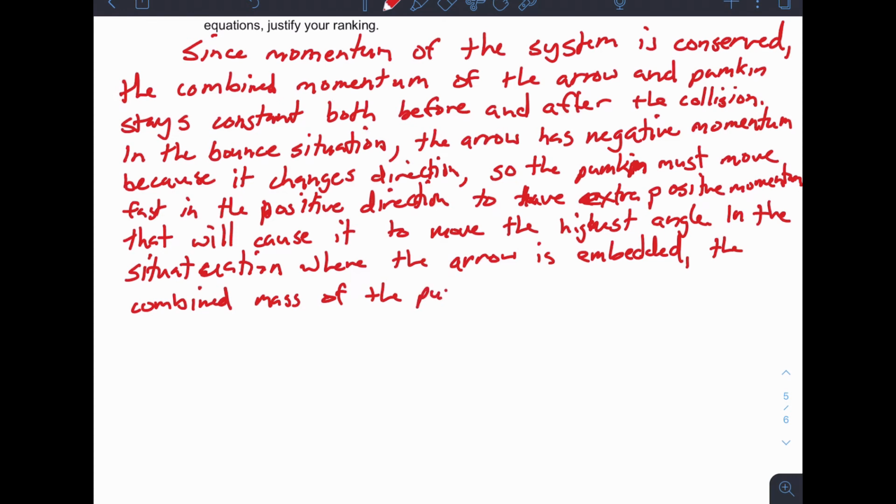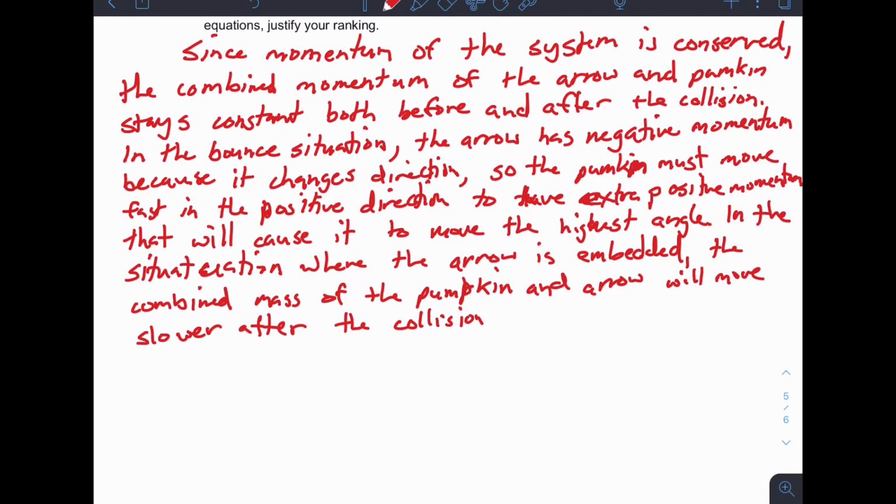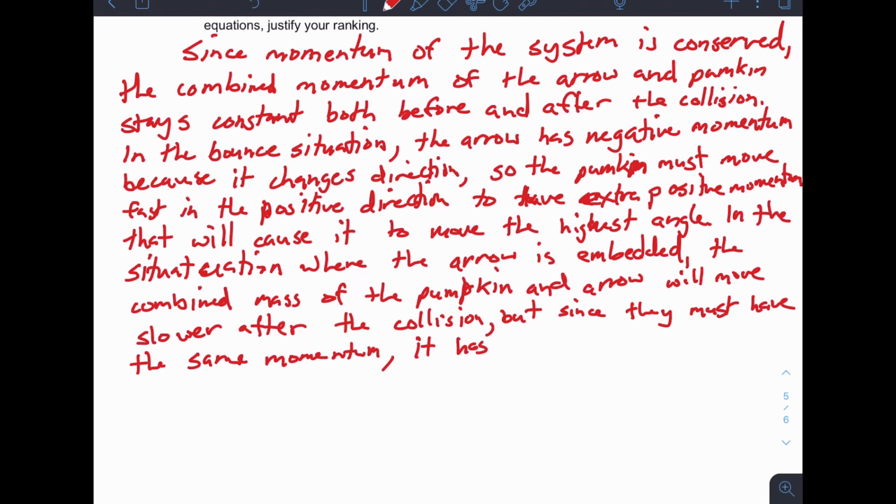The combined mass of the pumpkin and arrow will move slower after the collision, but since they must have the same momentum, it has the next highest angle.